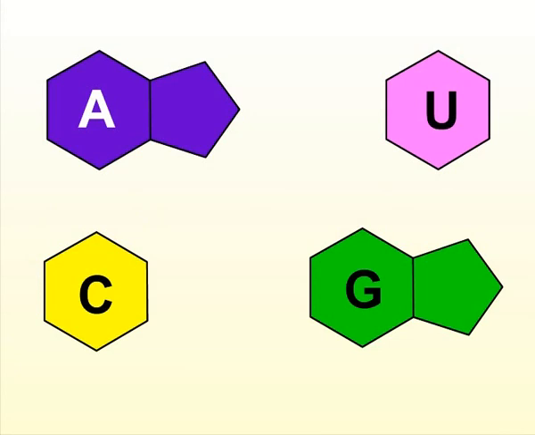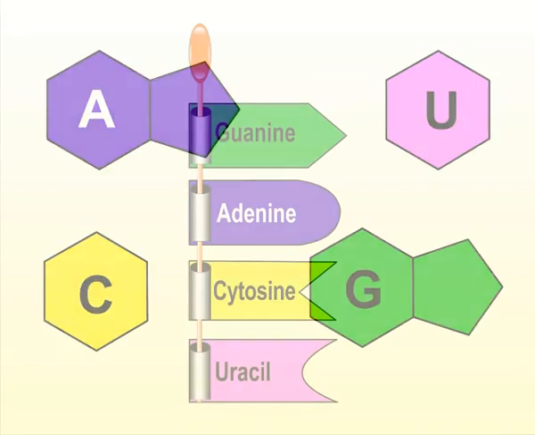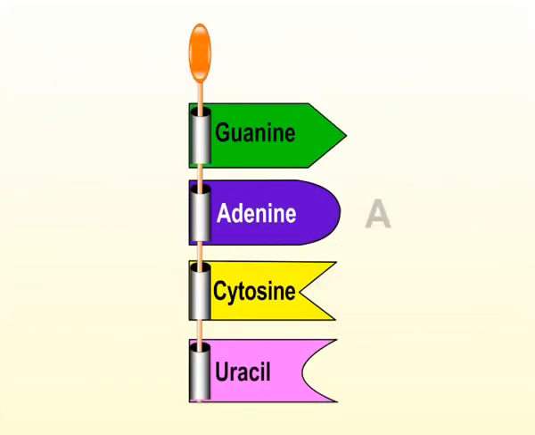As we know, the alphabet of the RNA molecule contains 4 letters, that is A, U, C, G, where A stands for adenine, U stands for uracil, C stands for cytosine, and G stands for guanine.